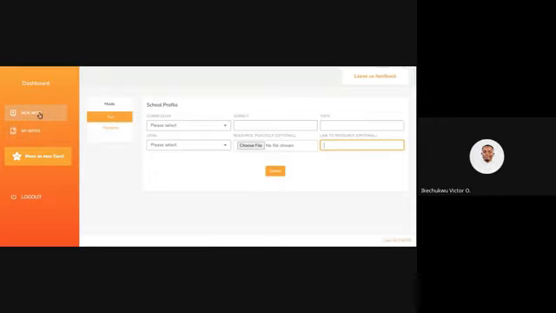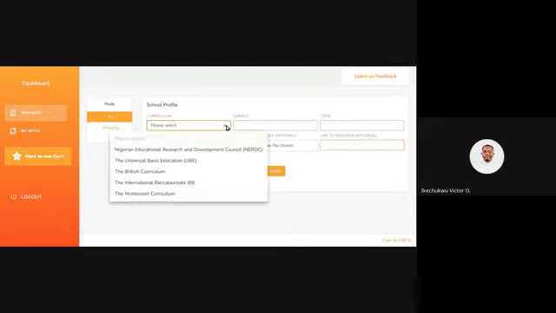You can create a new note, and as you can see, what kind of mode are you looking at? Is it a form mode or engaging mode? You could put in the curriculum, and you can see we have the Nigerian Educational Research and Development Council, the NERDC curriculum. We have the UBE, we have the British, we have the International Baccalaureate, and we have the Montessori curriculum.